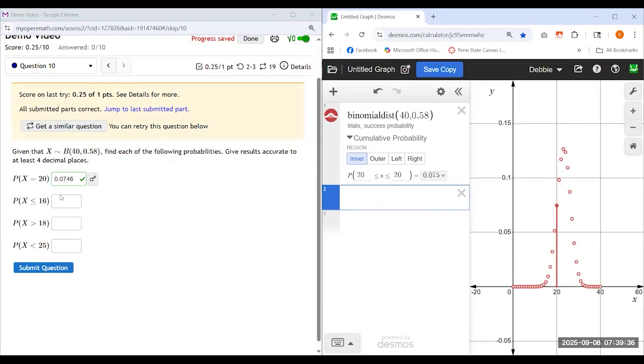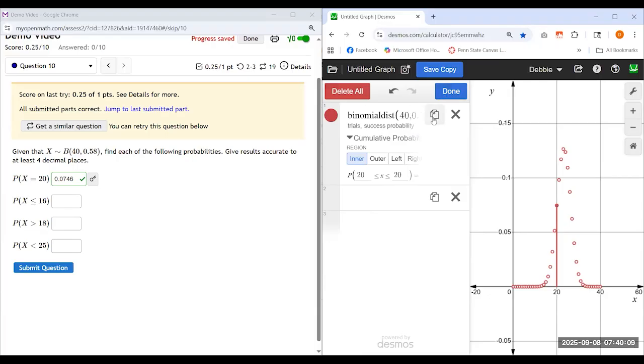Okay, so now I want the next probability. Now there's a couple of things to keep in mind. I could just change values up here where I've already defined my binomial distribution. But if I do that, I lose that part of my work. So here's a way to make a copy of this line of the graph. Go up here to the gear that says Edit List.